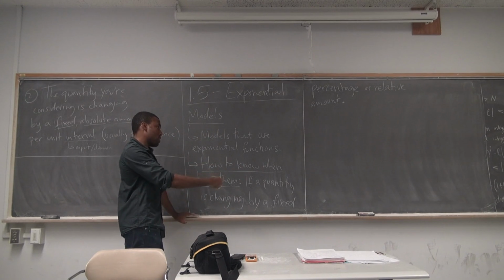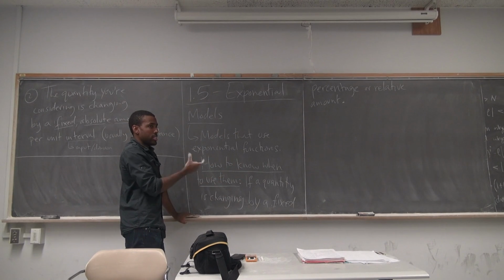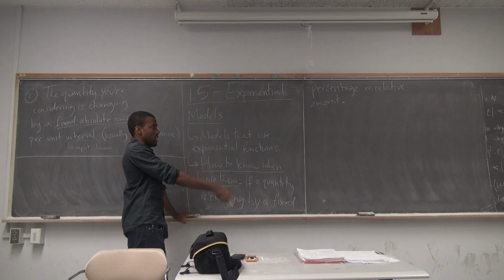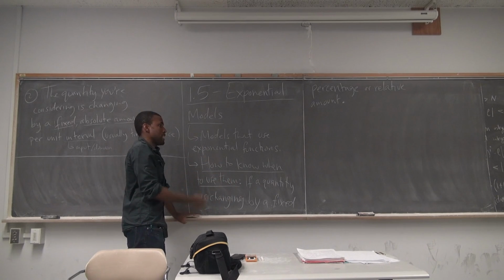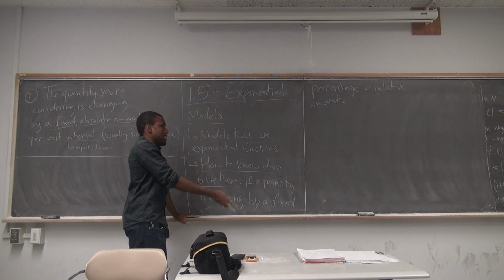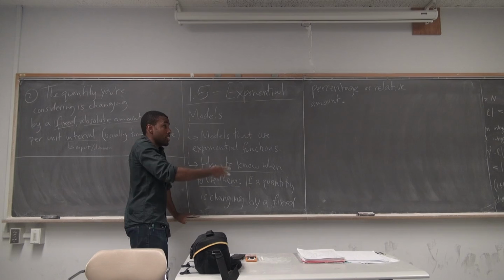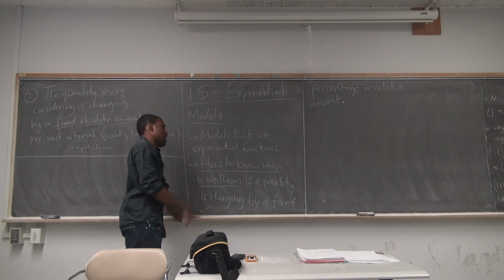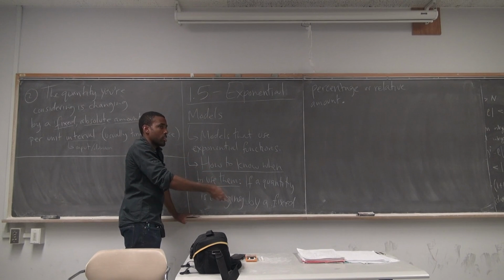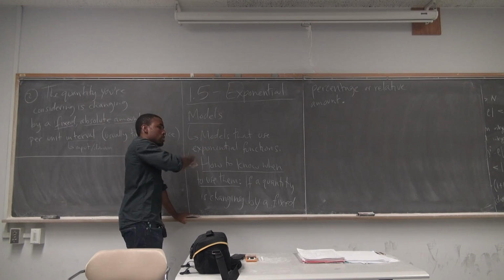After month 1, you take 10% of 100, you get 10, you add it, so you now have 110. But after month 2, you're not going to add $10 anymore, because you're going to take 10% of 110, which is $11, and add that. So after the end of the second month, you have $121. You're not always adding the same thing. You're adding a percentage of what was there before.